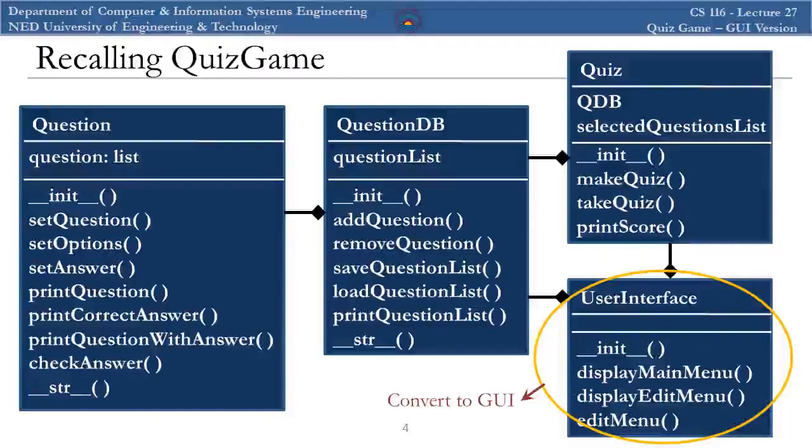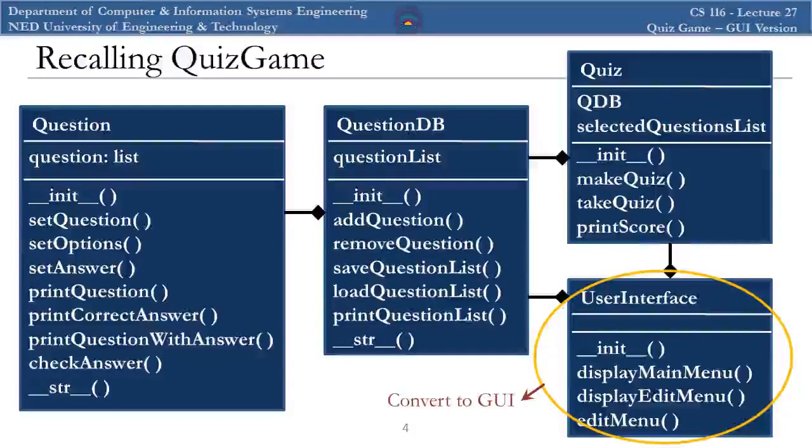In fact, I'll create another class in place of this class, which will actually create the graphical interface for that part of the application. Then if you see the quiz class, there are 3 functions: make quiz, take quiz, and print quiz.